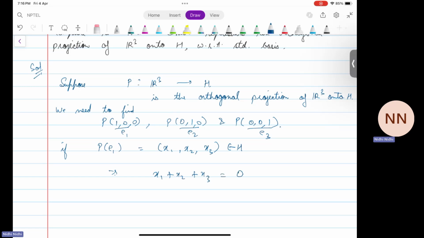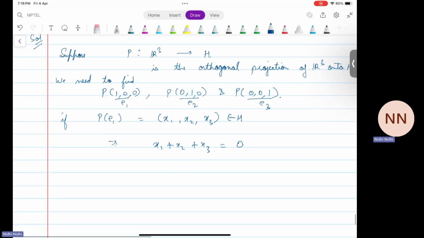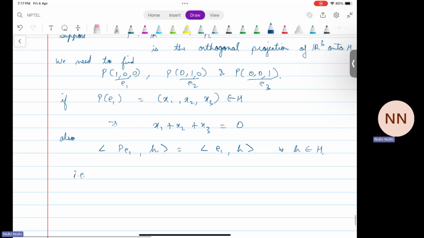That's how we define H. Also, by the characterization of the orthogonal projection, we should have the inner product of PE1 with h is equal to the inner product of E1 with h for every h in H. That means if h is some (h1, h2, h3), we should have x1 times h1 plus x2 times h2 plus x3 times h3. Now since E1 is (1, 0, 0), this is just h1.